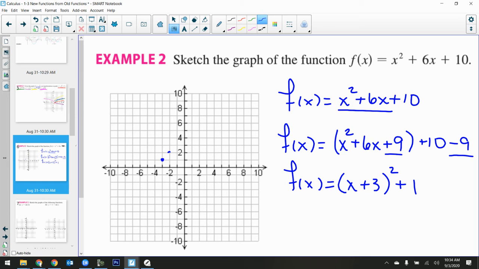One, because I'm not stretching it or compressing it at all, right? There would be an a value sitting out front if I were to stretch or compress it, and I'm not. So it's like over one, up one, over two, up four, over three, up nine. Which makes sense. Where's our y-intercept? 10.